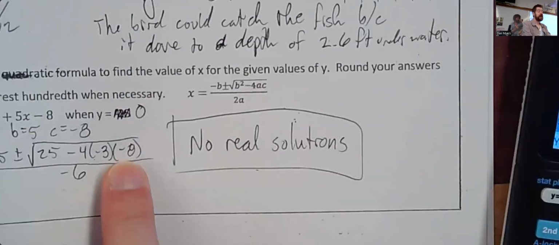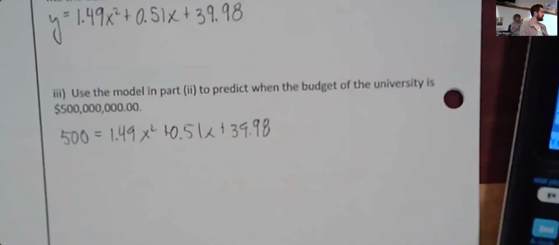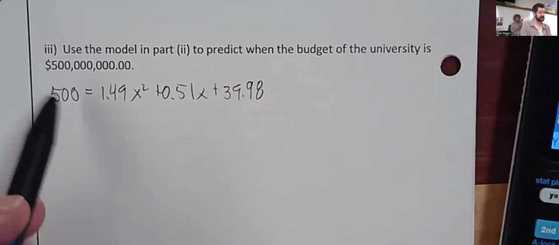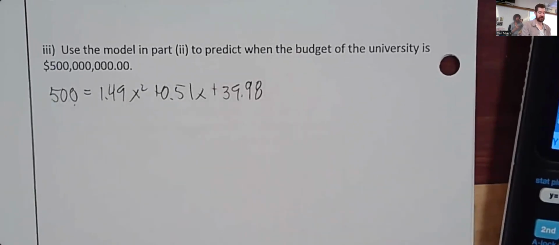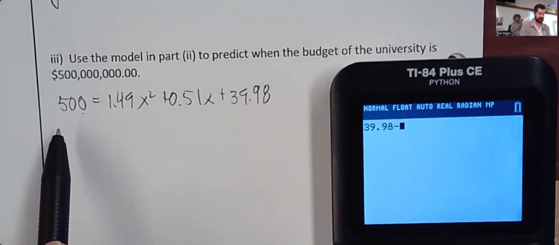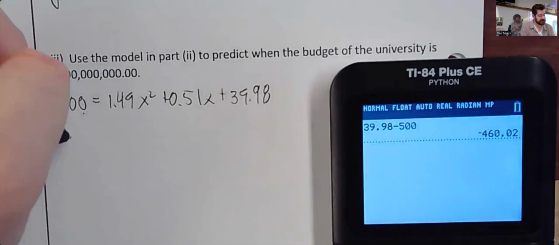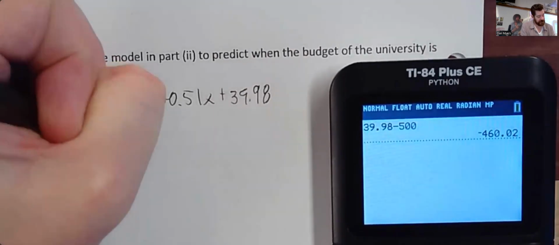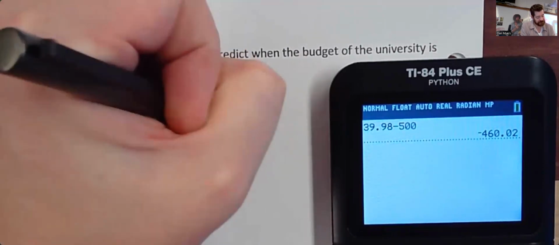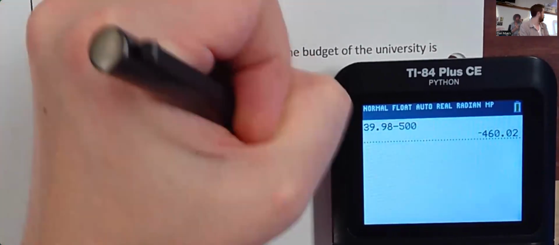Okay, so by the way, if we were to do this, we would have to use the quadratic formula again, which is again why we actually used what was on the front here. Because we need to get this equal to 0. I'm just going to show you how to set this up. Subtract 500 from both sides to get this equal to 0, because in order to use the quadratic formula, you have to have it equal to 0. So it'll be 39.98 minus 500. So you're going to get 0 equals 1.49x squared plus 0.51x minus 460.02.